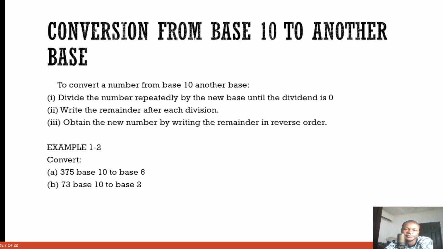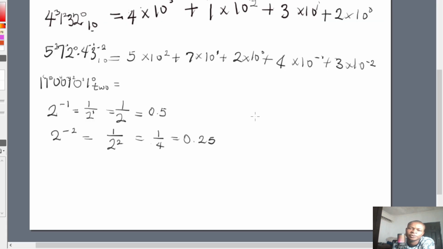So we have the dividend and we have the divisor. The dividend is the result that we actually get.